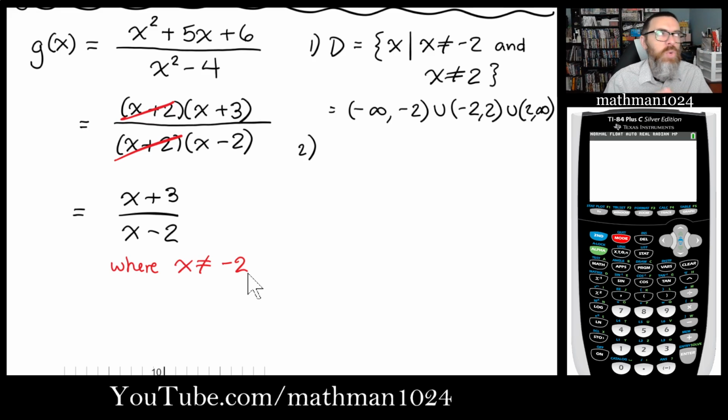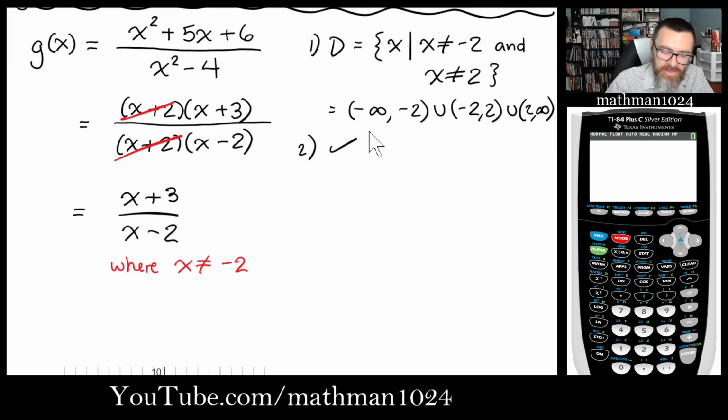So you can't say, oh, we removed x plus 2, so that means that we don't have to worry about that being a restriction in the domain. Not so. That's why the first step is to factor and identify what the domain is. And then the second step is to look at it in its reduced form. Okay? So be very, very careful about how you do that in the steps.